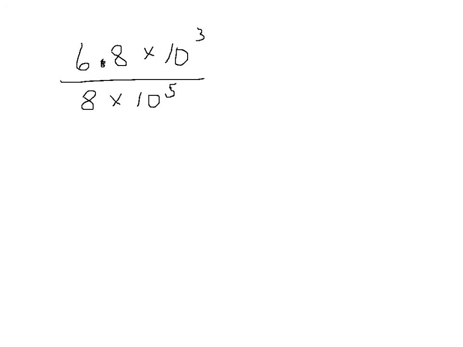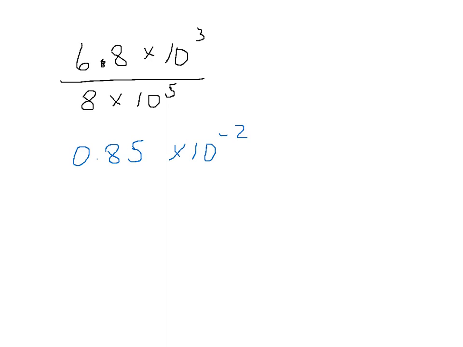And here's an example with division. So the same thing. We take 6.8 and divide it by 8, and that gives us 0.85. And then we use our rules of exponents: 10 cubed over 10 to the 5th. We subtract, and we get 10 to the minus 2.